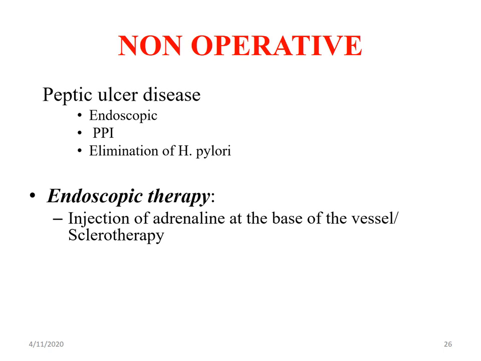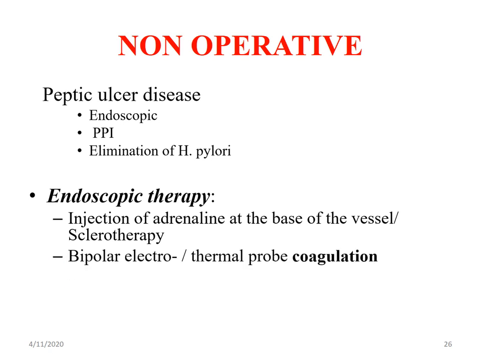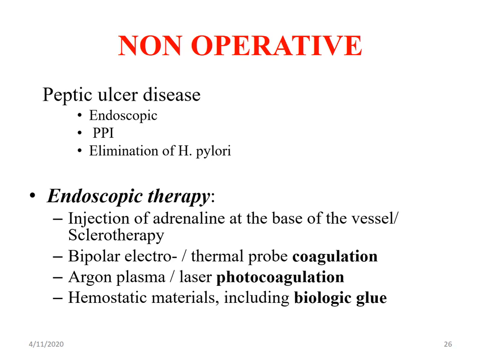Sometimes in severe bleeding, we can't control the bleeding by simple measures. What will we do? Do we leave the patient? No. We give the patient an injection of adrenaline at the base of the vessel. We call this sclerotherapy, or sometimes we do coagulation, with a bipolar electrothermal probe, or we can give the patient argon plasma, laser photocoagulation, or sometimes hemostatic material, including biologic glue.